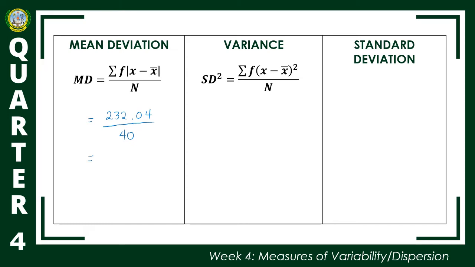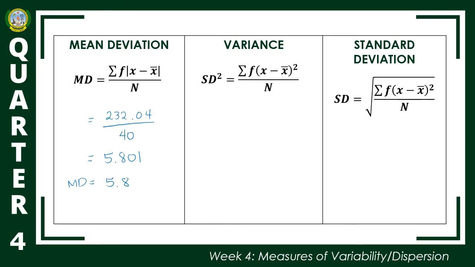Divide natin ngayon. 232.04 divided by 40 is equal to 5.801. Okay, so dahil tatlo siya, round off natin. MD is approximately, dahil ang katabi ng 0 ay 1, so 0 pa din siya. 5.80 or pwede pong 5.8 na lang. Okay, so yan, meron na tayong mean deviation.